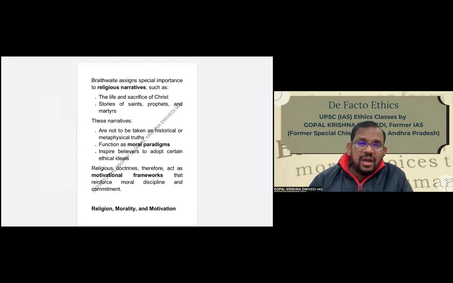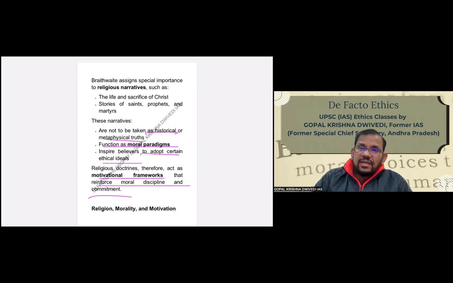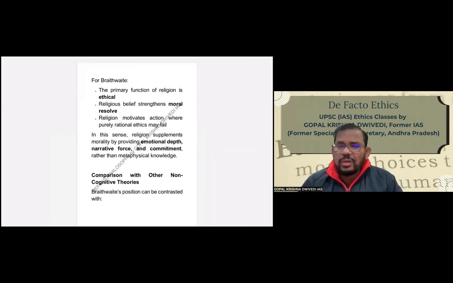These narratives are not to be taken as historical or metaphysical truths, but function as moral paradigms, inspiring believers to adopt certain ethical ideals. Religious doctrines, therefore, act as motivational frameworks that reinforce moral discipline and commitment. So basically, he is linking religion with morality, with motivation to do something good.